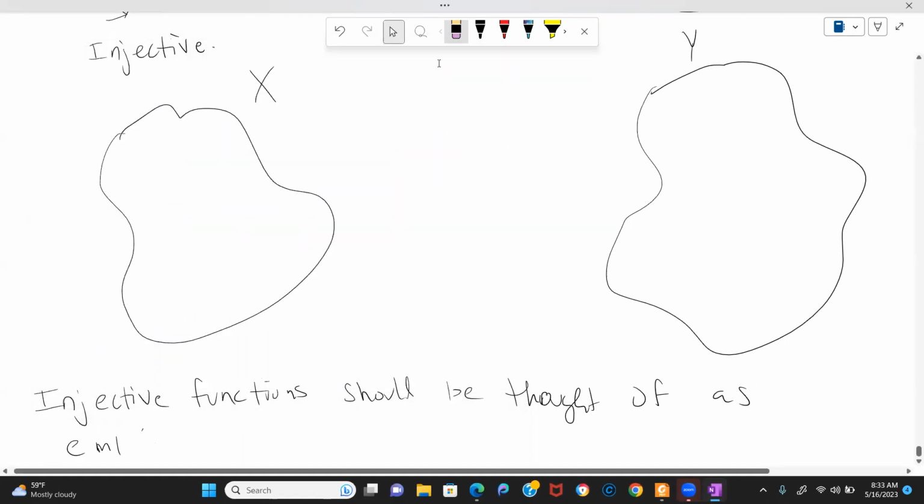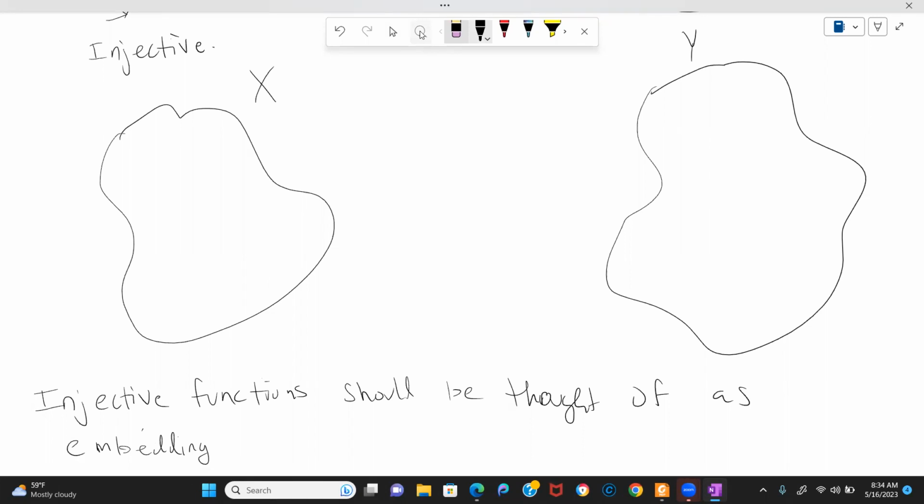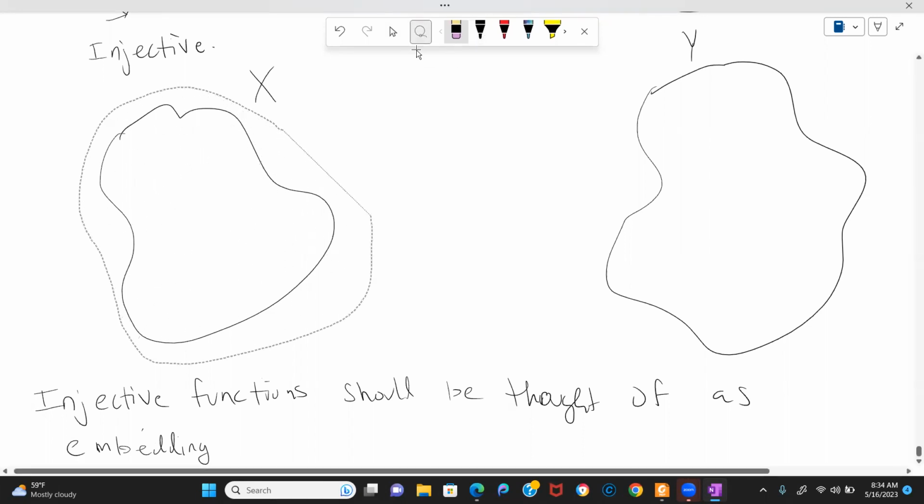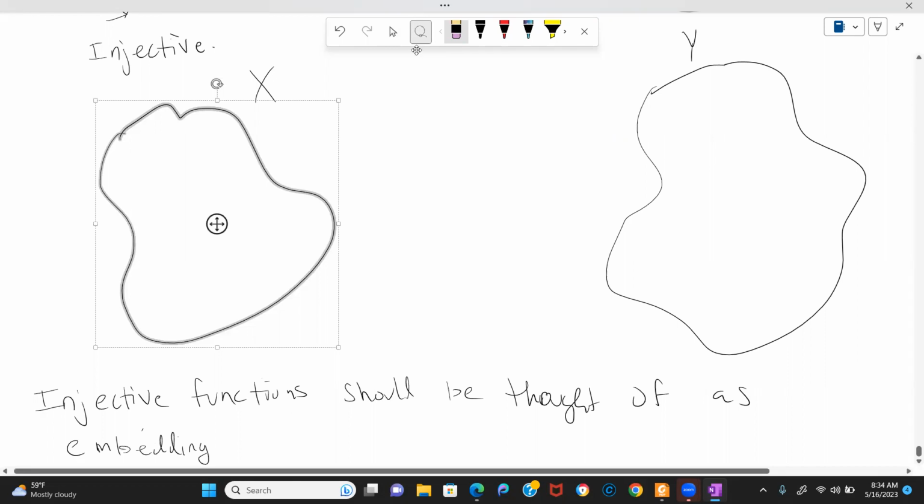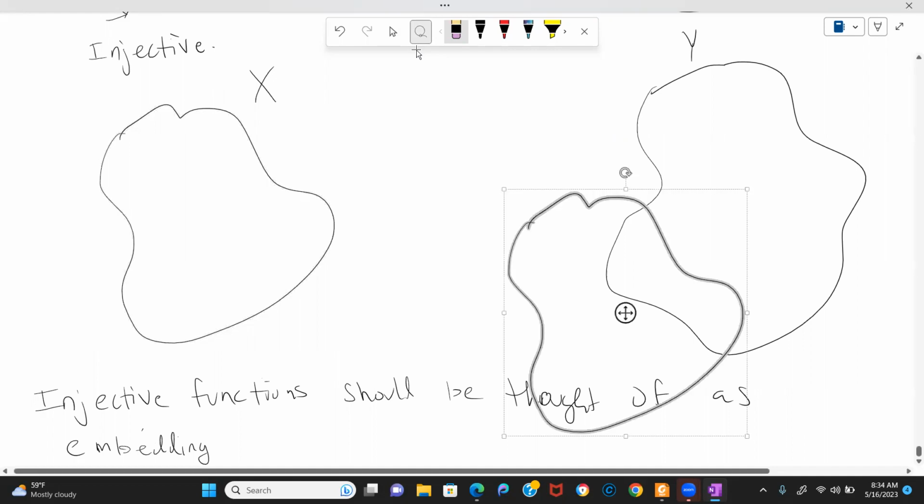Okay, there we go. All right, so they should be thought of as embeddings. It's like you're embedding one space into another. In other words, an injective function gives you a way of viewing one set as living inside another set. So let me copy this and paste it right there.